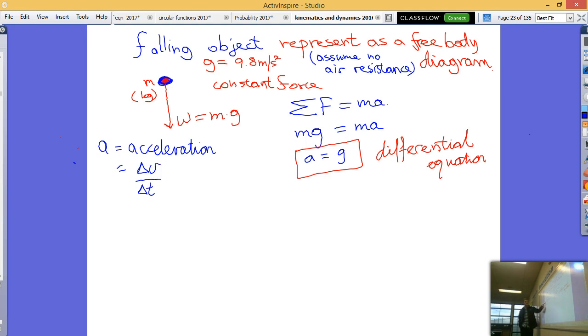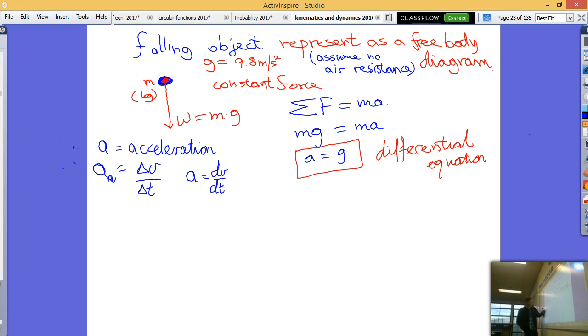A big change in velocity over a big change in time is our average acceleration. But what we're interested in knowing is the instantaneous rate of change, and that is the derivative, dv dt.